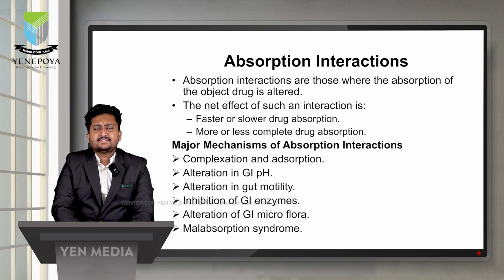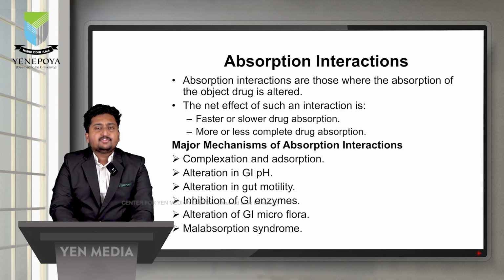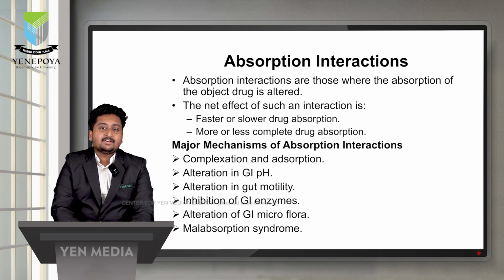There are certain drugs, like antacids, which neutralize the gastric acid, so gastrointestinal pH is altered, and depending upon the nature of the drug, the effect might change. Next, we have alteration in gut motility. Enhanced or increased motility of the gut might result in increased absorption rate, and vice versa.